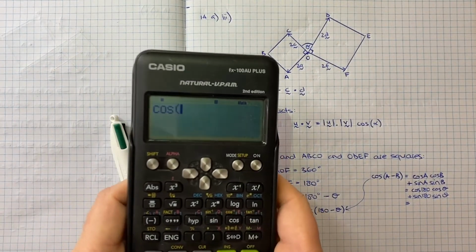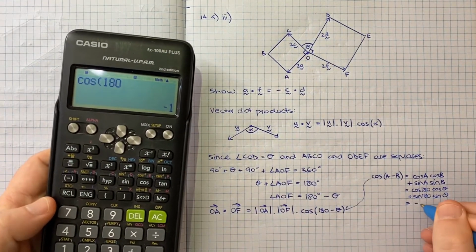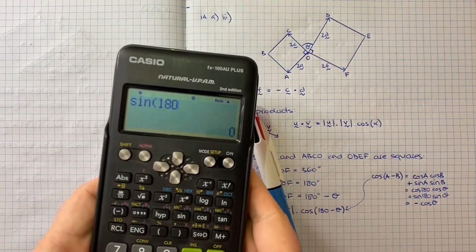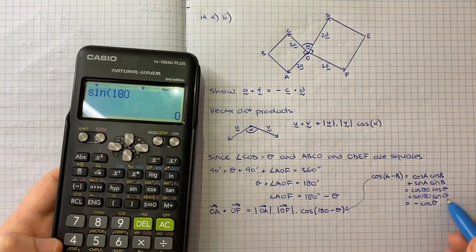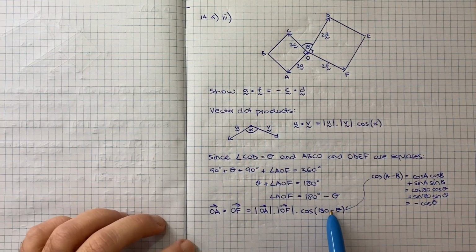The cosine of 180 is just negative 1, so that's negative times cos theta. And the sine of 180 is 0, so that just drops off. So we can just write negative cos theta in here when we're simplifying.